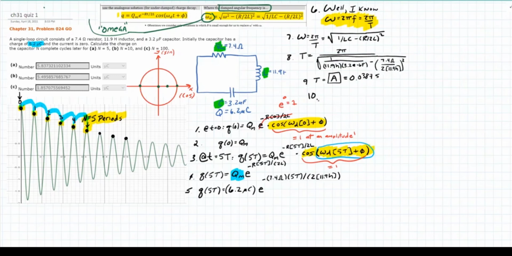So now that you know how long it takes to complete one cycle, use this T in equation number 5, and that will give you Q. After 5 bounces, after 5 cycles, you're going to know how much charge is on that capacitor. So let's do that.